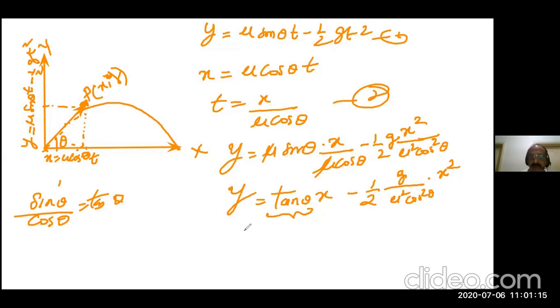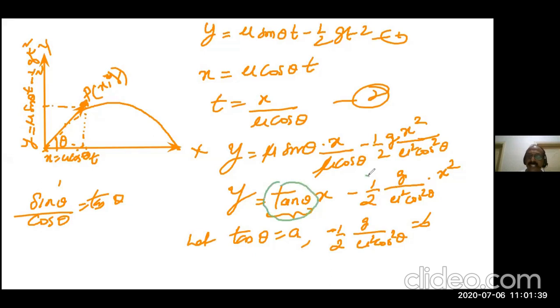So here we assume let tan theta is equal to a, and minus half g divided by u squared cos squared theta is b. This is a and this much portion is b. It's a constant for a given projectile. Get it?